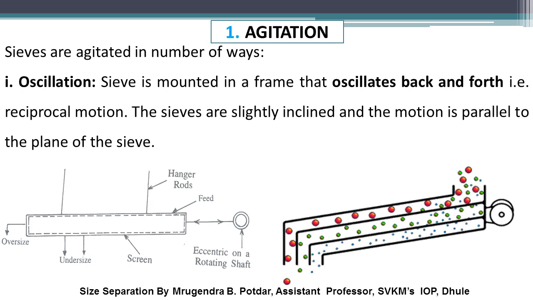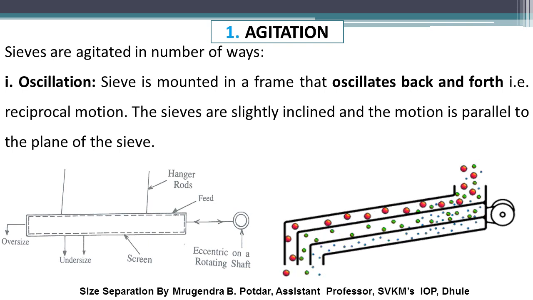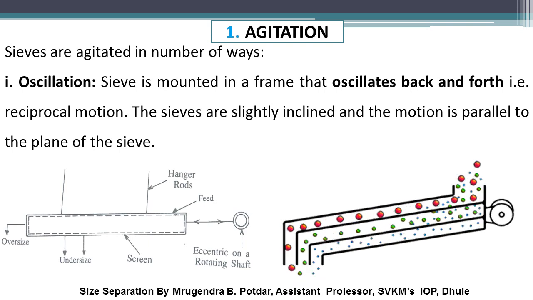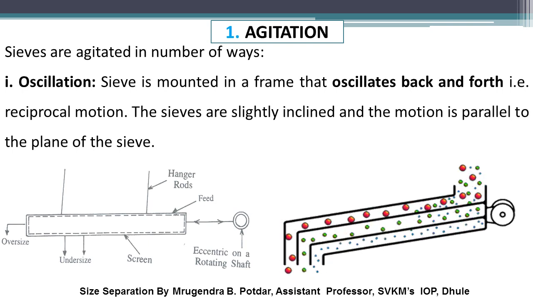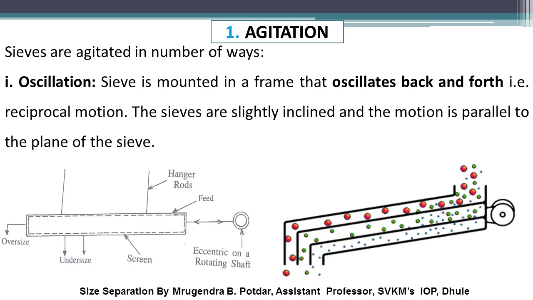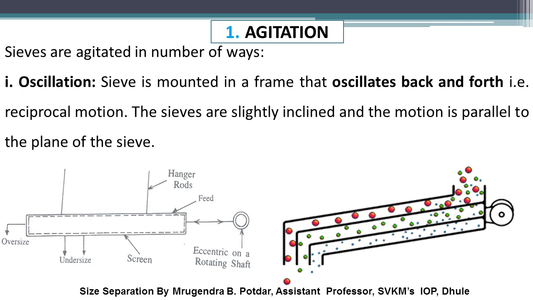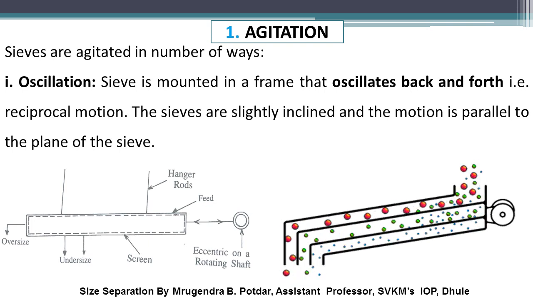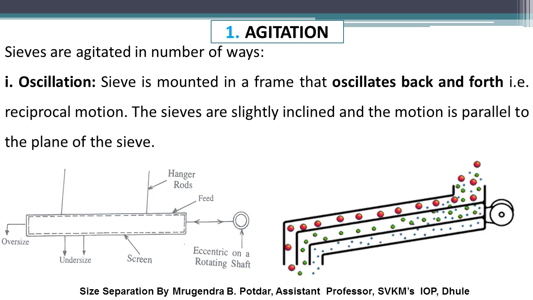Due to oscillation, size separation will take place. The sieve is mounted in a frame that oscillates back and forth, that is, reciprocal motion. The sieves are slightly inclined and the motion is parallel to the plane of the sieves.